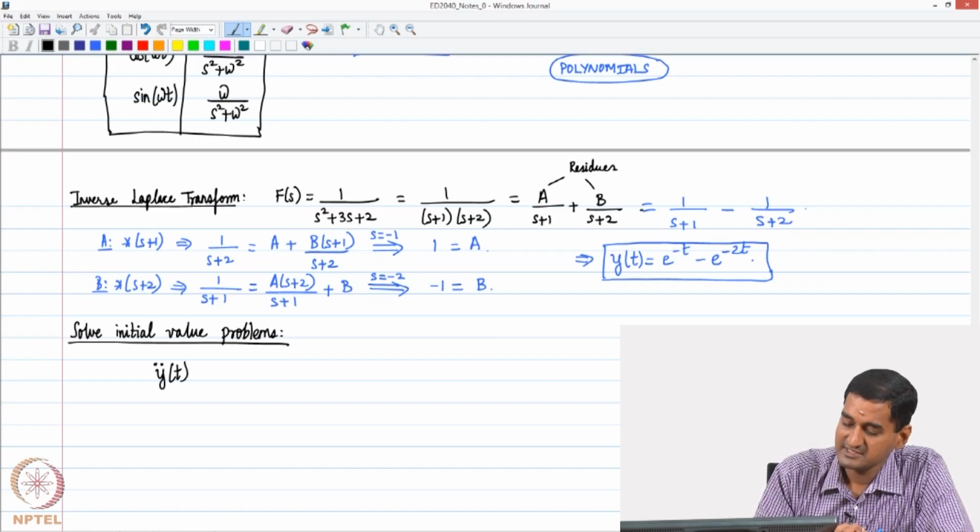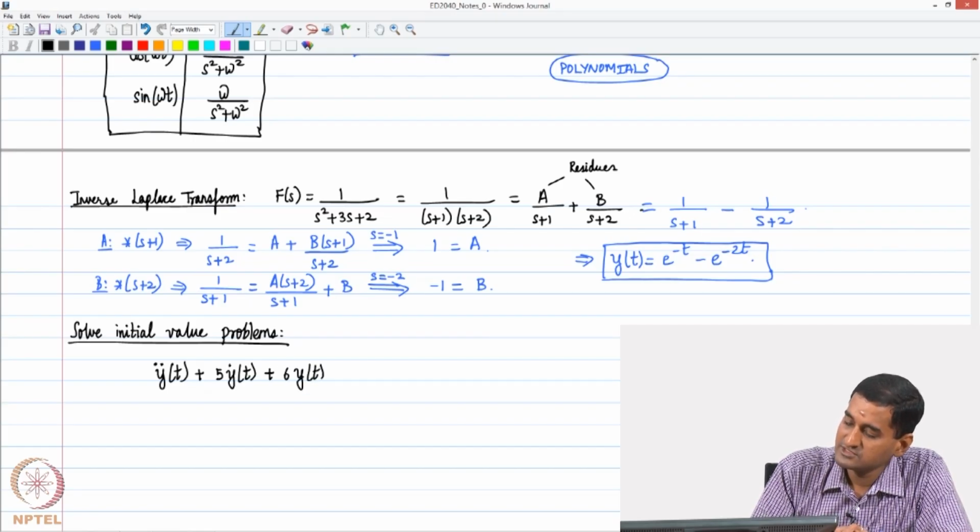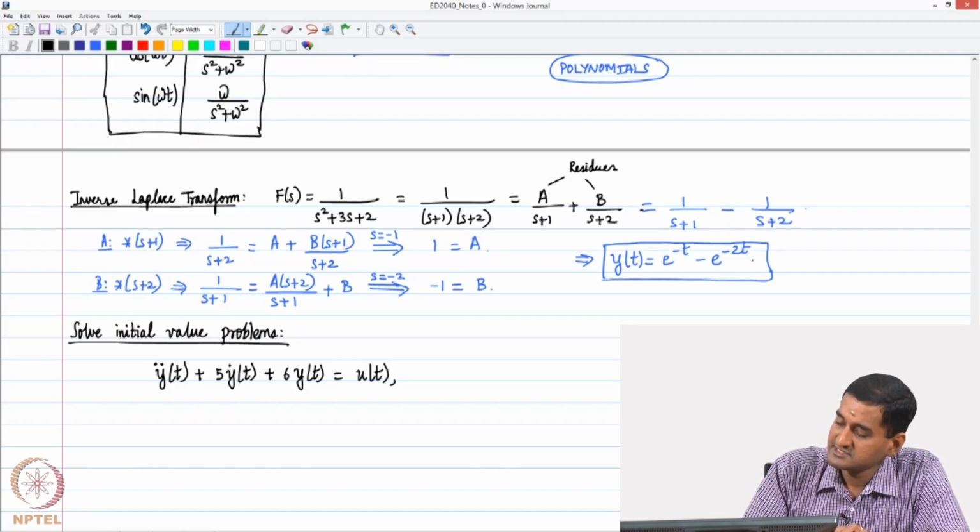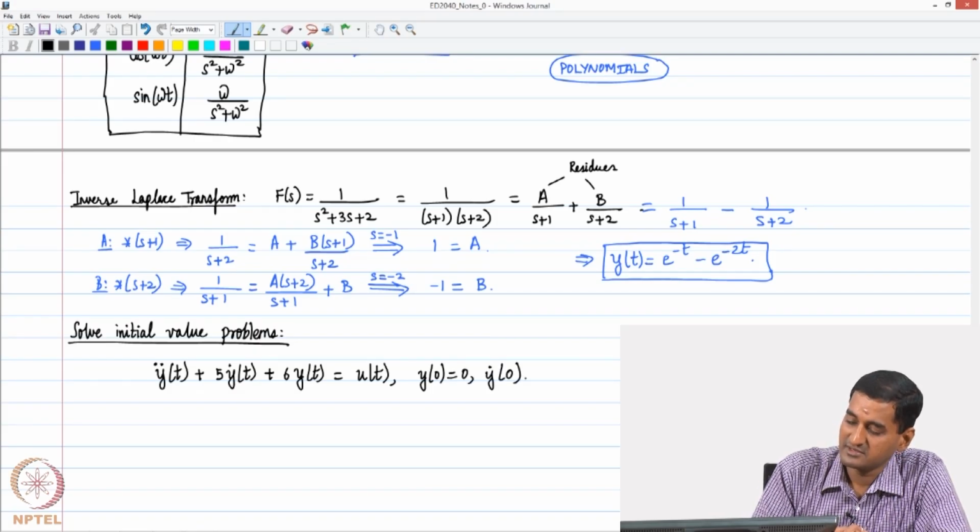So let me consider an example. Let us say I have a system whose governing equation is given by y double dot plus 5y dot plus 6y of t equals u of t, with y of 0 equal to 0 and y dot of 0 equal to 0.